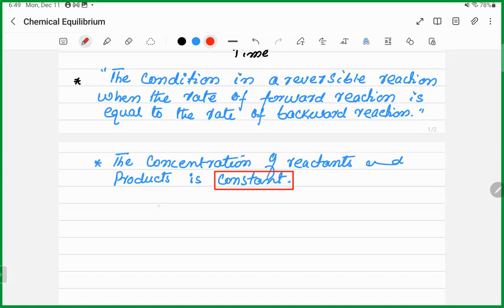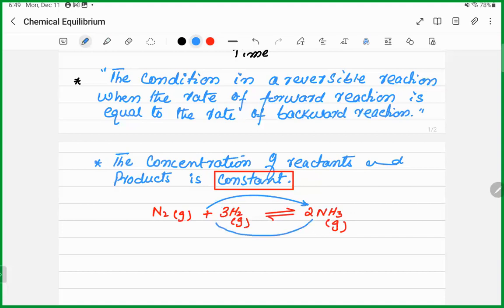ठीक है ना? यानी if you have a Haber's process N2 gas plus 3 H2 gas, it's a reversible reaction. The concept of dynamic equilibrium, it's only for a reversible reaction, forming 2 NH3 gas. Okay. Now, the condition which is used for the formation of ammonia is basically the same condition for the decomposition of ammonia.